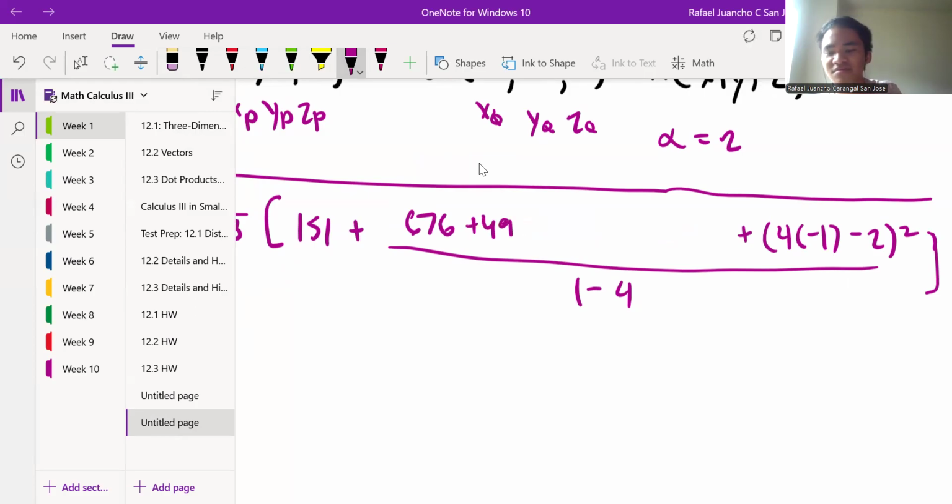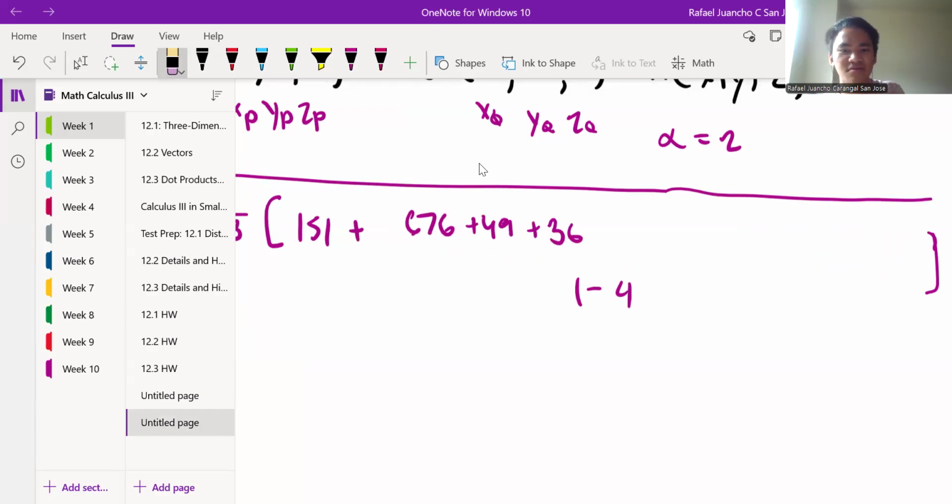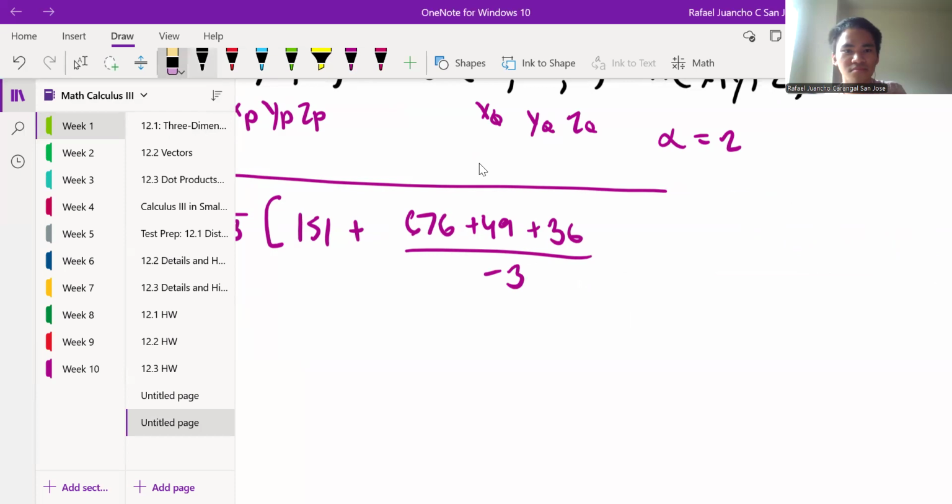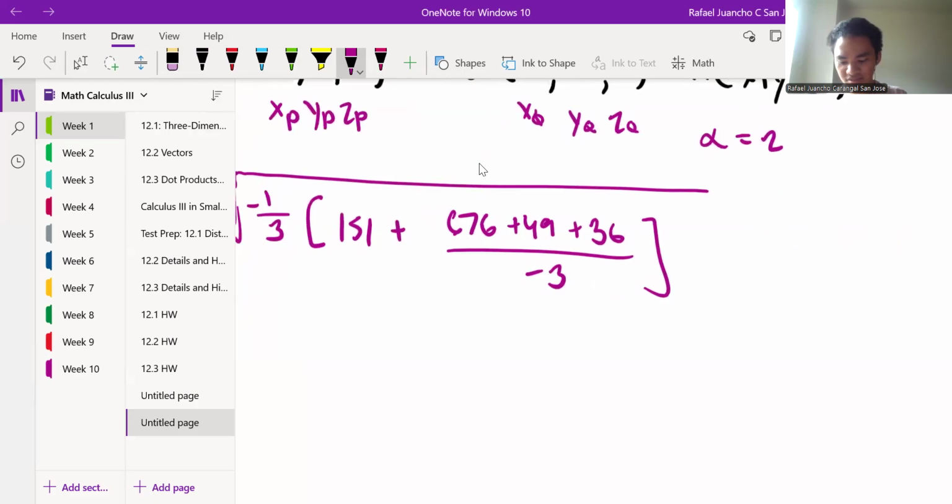And then negative 4 minus 2 is negative 6 squared, which is 36. And then 1 minus 4 is negative 3. Cleaner, right? And then 676 plus 49 plus 36 is 761.